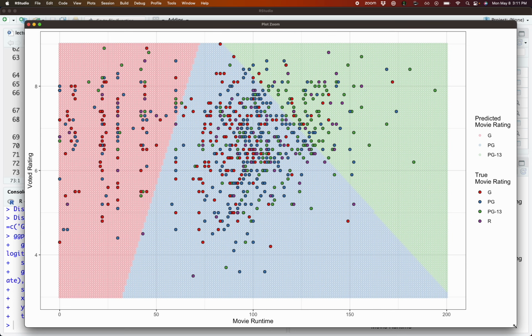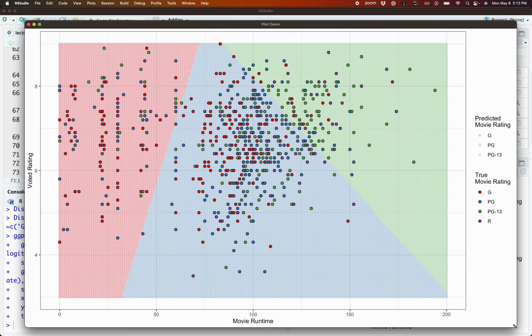And so, note that of the 4 outcomes, if you remember, we were saying that the R-rated movies never get predicted, or weren't being shown as the highest probability in any event. And we can see that reflected here, right? There's no purple in this plot.